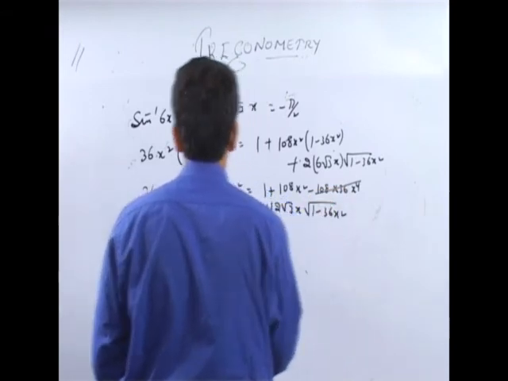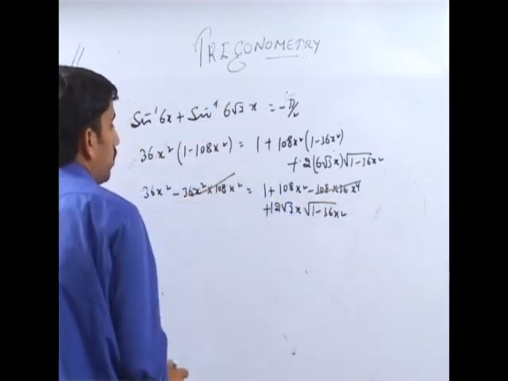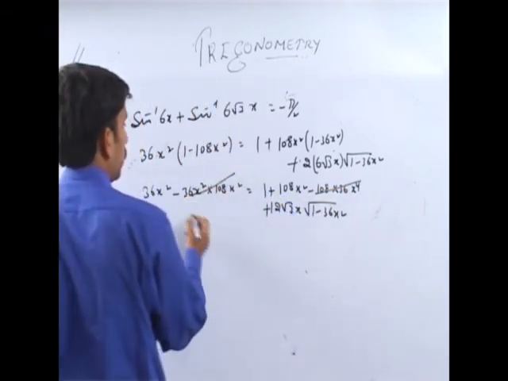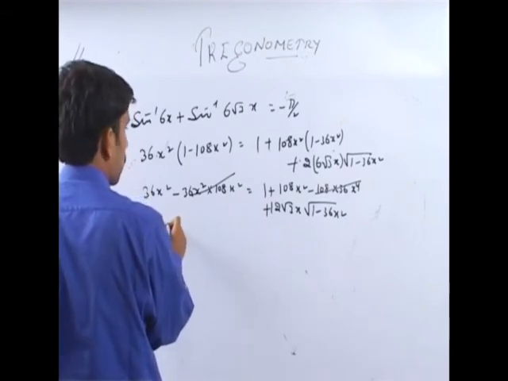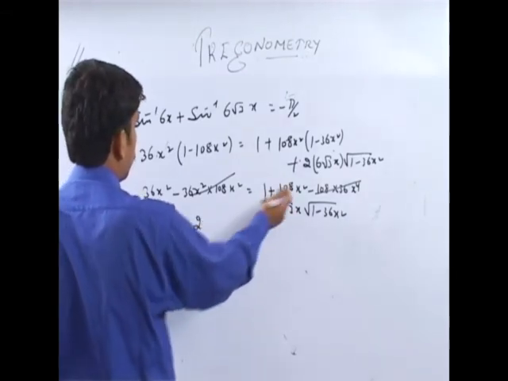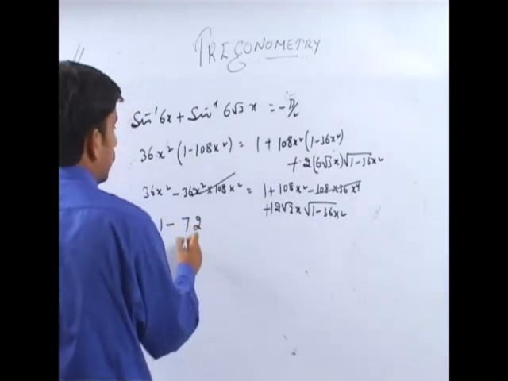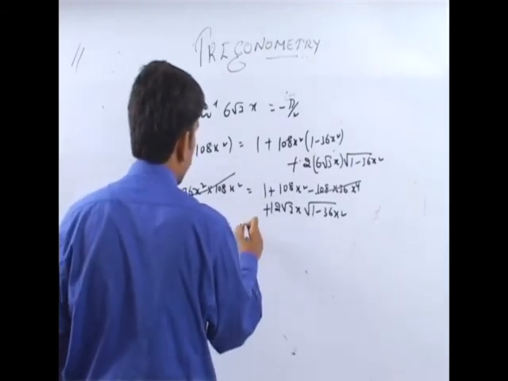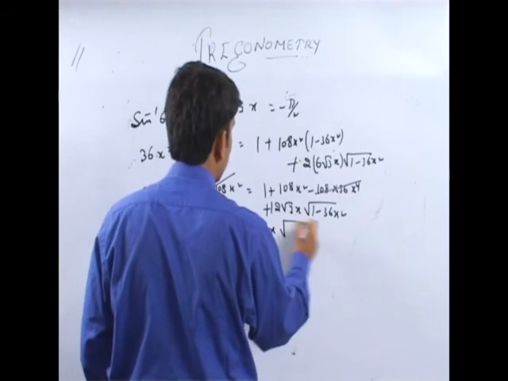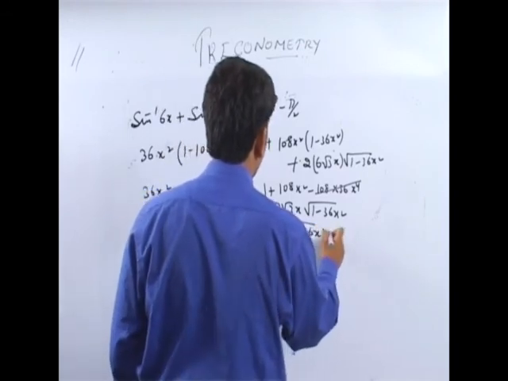Now this term will be cancelled out and you will be left with minus 1 minus 1037 x square is equal to 12 root 3 x under root 1 minus 36 x square.